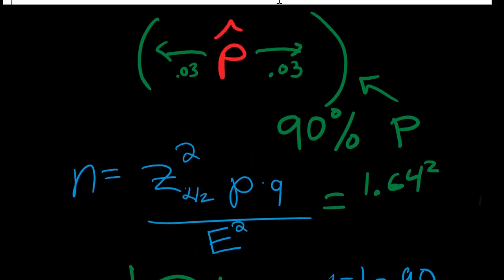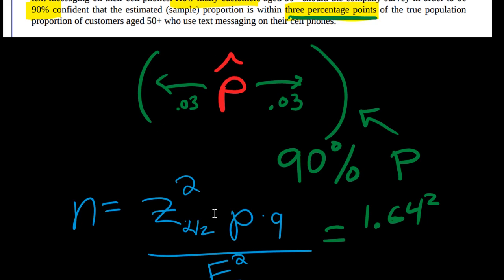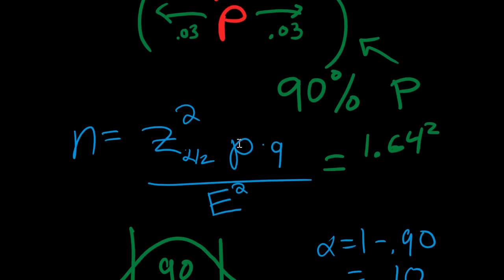All right, now what is P and Q? Right? What are these guys here, this P and this Q? Well, they didn't tell us any prior estimate of the proportion of people 50 and older that use their cell phone. If you had a prior estimate, then you would put those in for P, and then Q is 1 minus whatever P is. But since they didn't give it to us, we will just put in 0.5. If you don't know, then put in half, right?